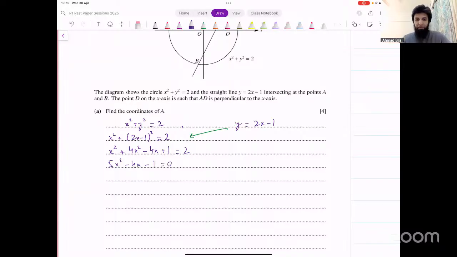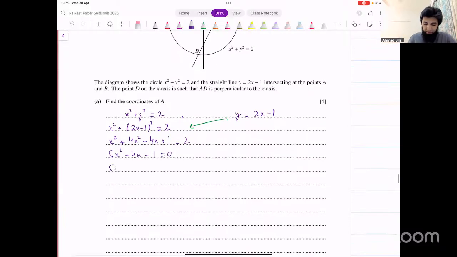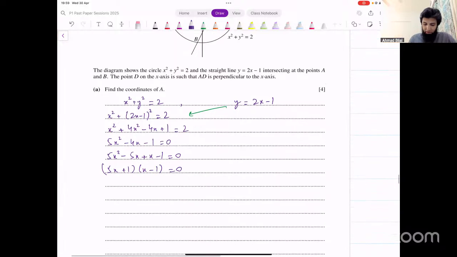Can we factorize this? 5 and 5 and 1. Yeah, that should work. We can use 5x squared minus 5x plus x minus 1 equal to 0. We get two factors from that, 5x plus 1 and x minus 1. X either equals minus 1 over 5 or x equals 1.